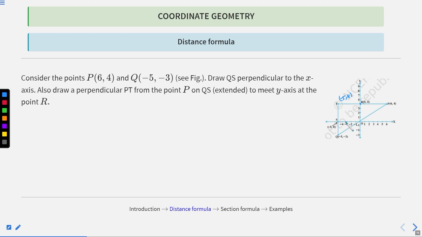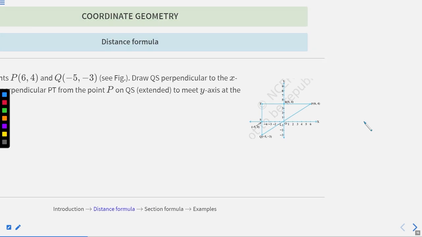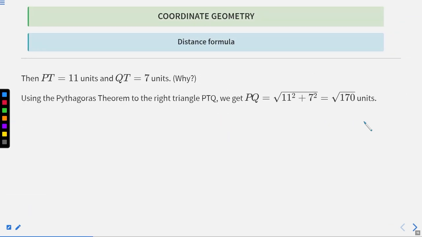Then by using Pythagoras theorem we get the length of PQ, that is equal to root over QT square plus PT square, that is equal to root over 11 square plus 7 square, that is equal to root 170 units.